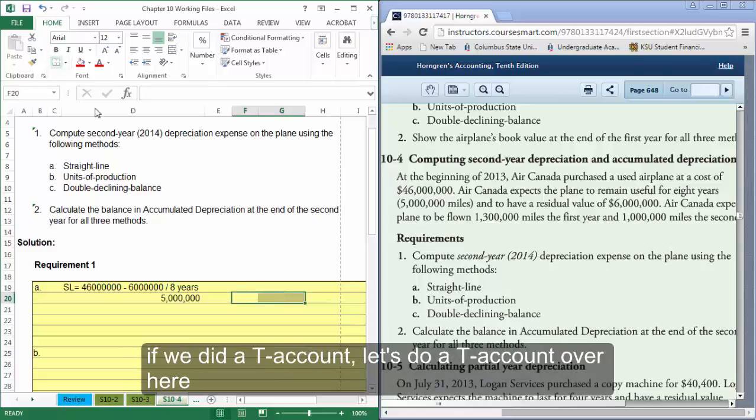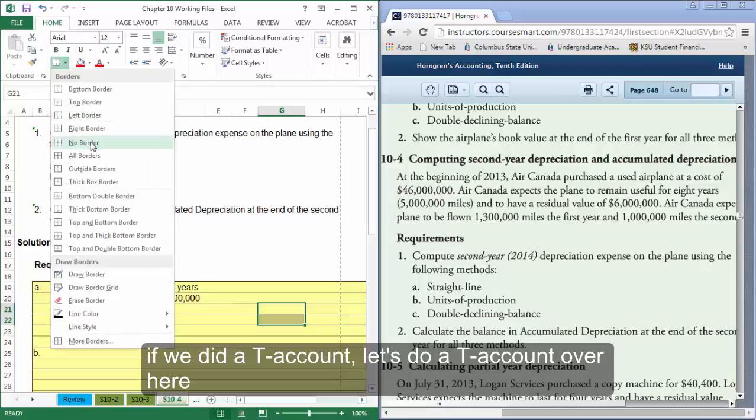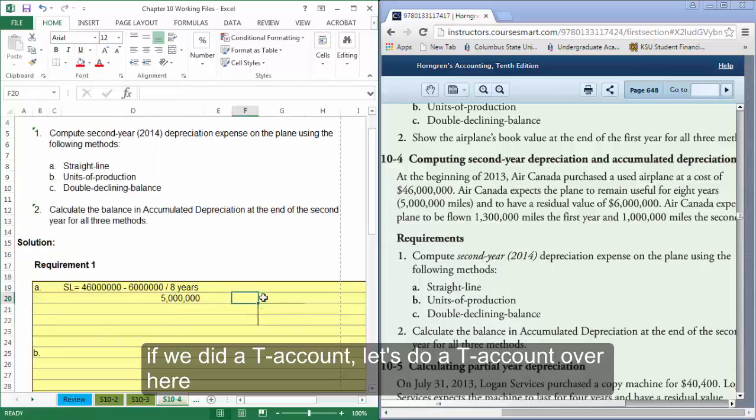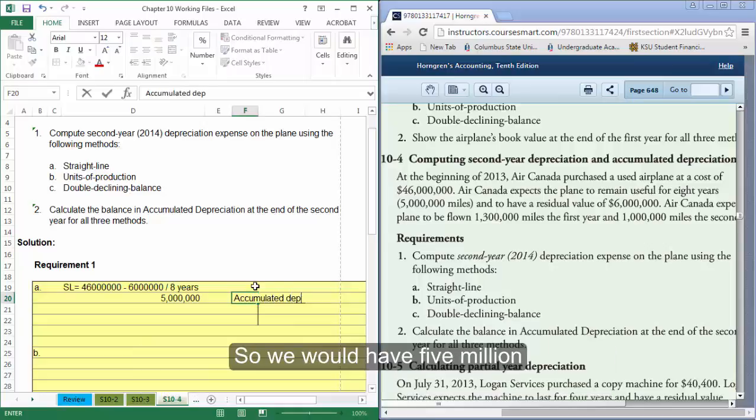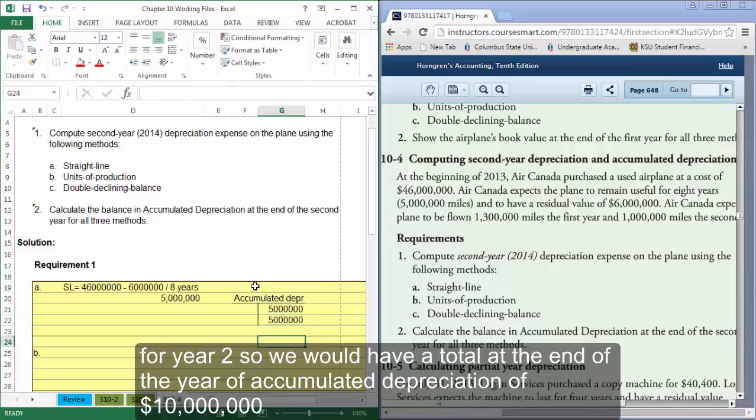Let's do a T account over here. So we would have $5 million for year 1, $5 million for year 2. So we would have a total at the end of the year of accumulated depreciation of $10 million.